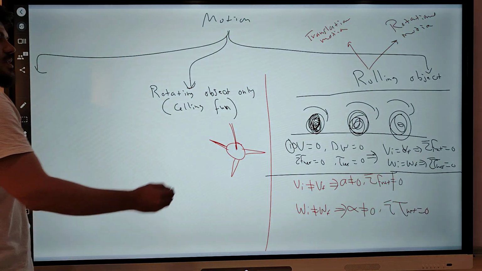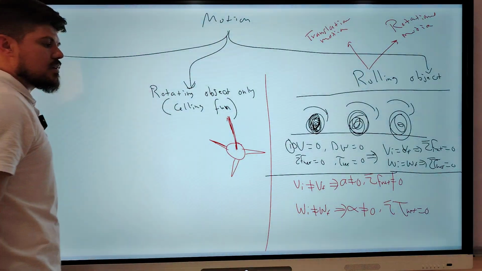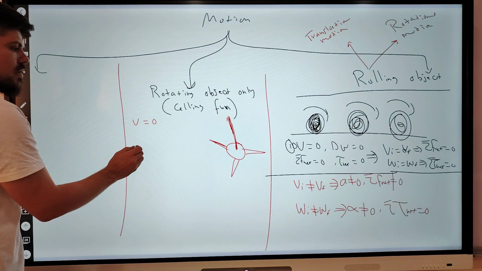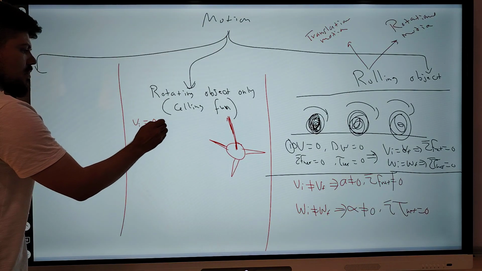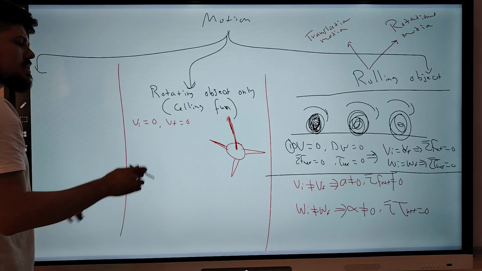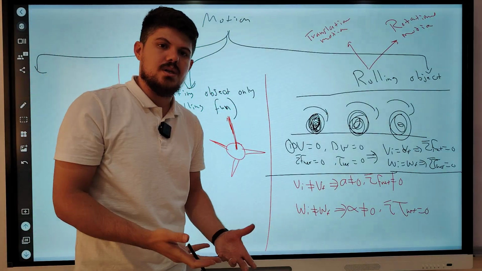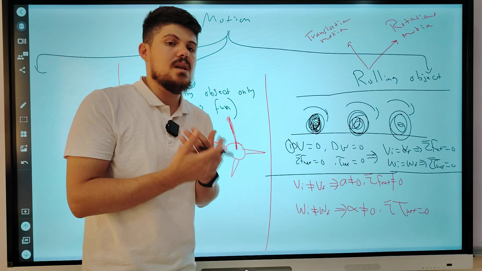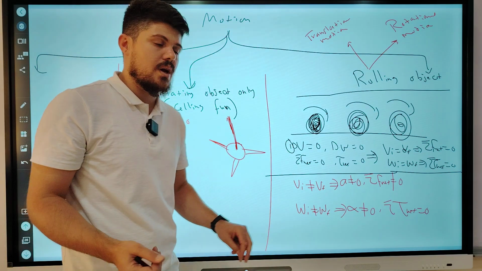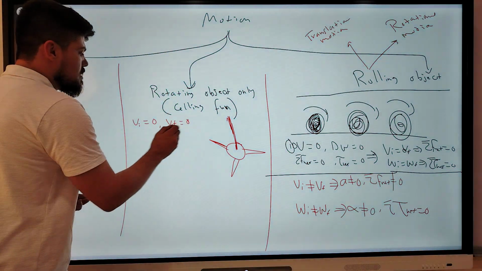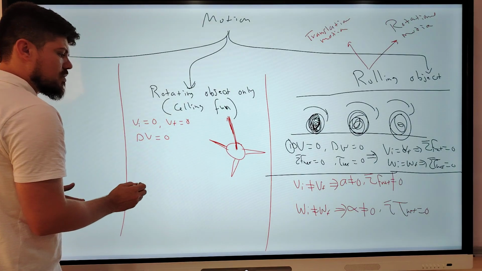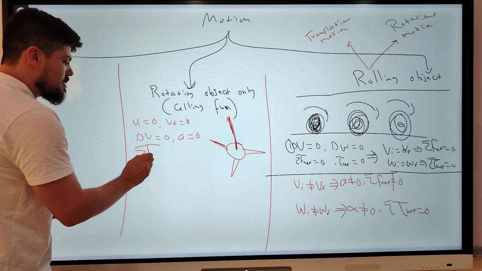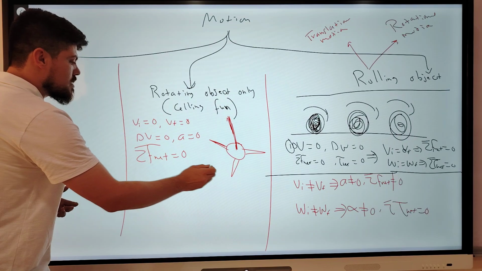Okay. The ceiling fan is fixed. The velocity of the ceiling fan is equal to what? 0. V initial 0, V final 0, because the ceiling fan is fixed at its position. If its position doesn't change, it means the ceiling fan has no velocity. Be careful, okay? If the ceiling fan has no velocity, delta V is also equal to 0, and net acceleration equal to 0. Net force equal to what? 0.